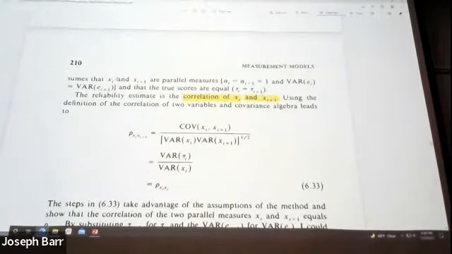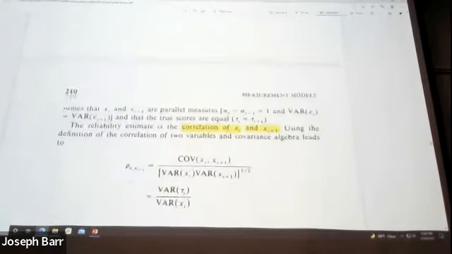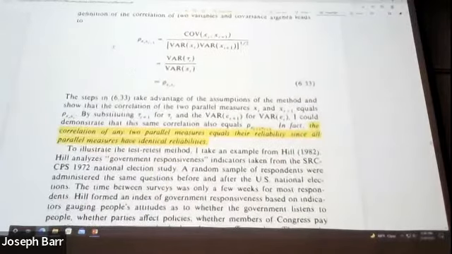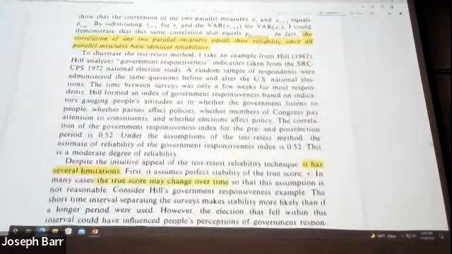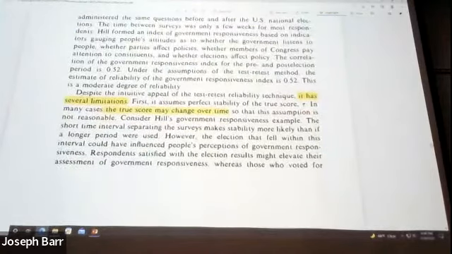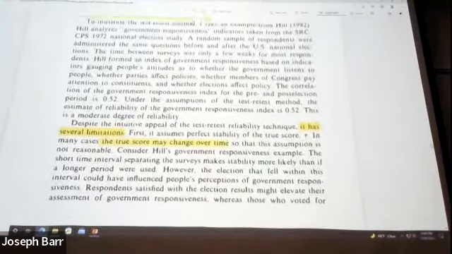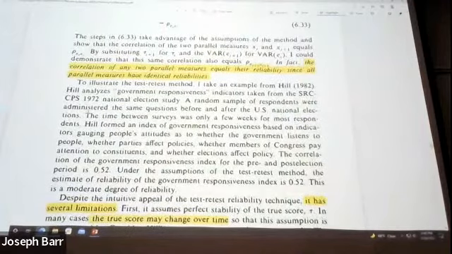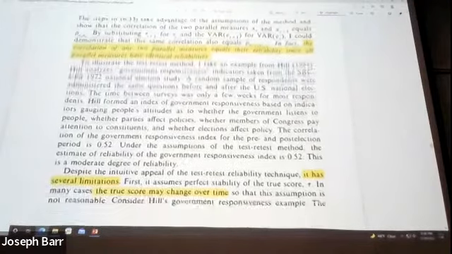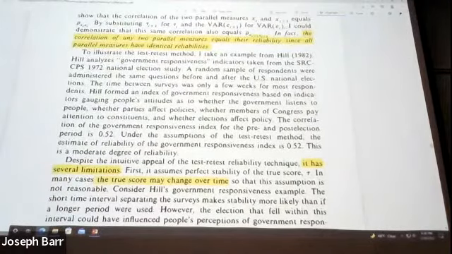But as I mentioned, we have a lot of assumptions here, so we have some limitations. In this case, we assume that the test and the retest are parallel forms, parallel measures.